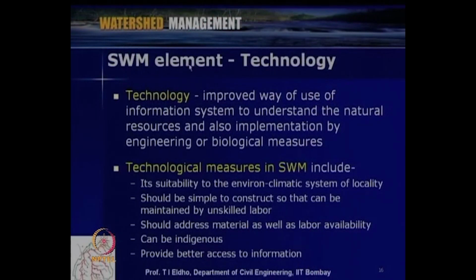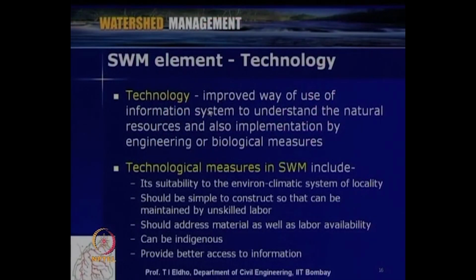Then the second important element is technology. Technology means how we can utilize modern technology to improve the available resources or to develop the available resources in an optimal way, in a sustainable way. So, technology is used to improve the various resources available for betterment.